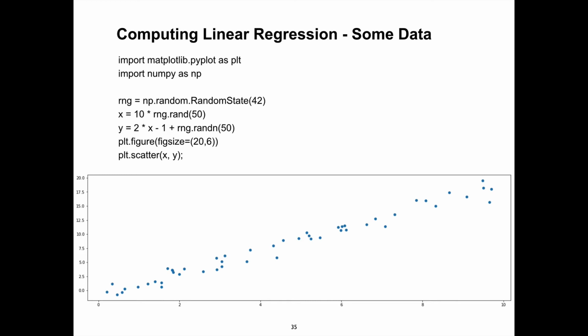And then here is my true line, my true relationship, but I'm going to add some noise to make it look like the fake data, rather than trying to go find some process and measure it and get the data. So this is my fake data, and then when I plot it, yeah, it looks sort of random. I mean, it's linear, but there's some noise, and so we can pretend it's real data.